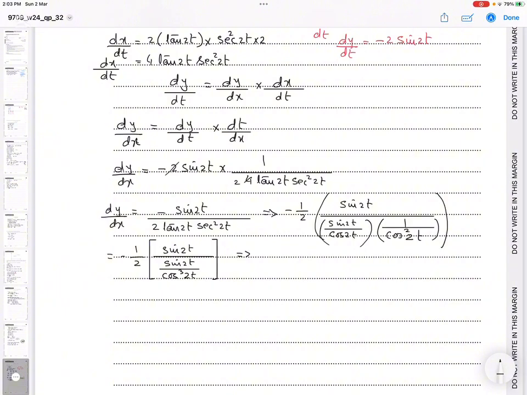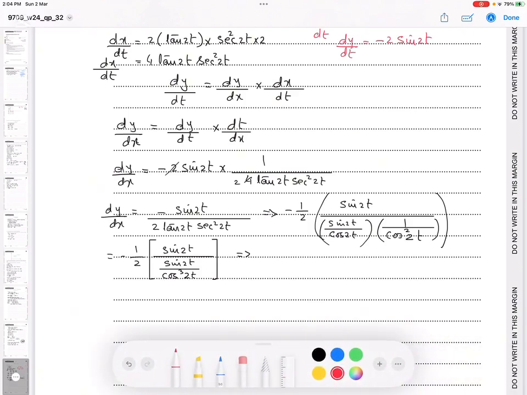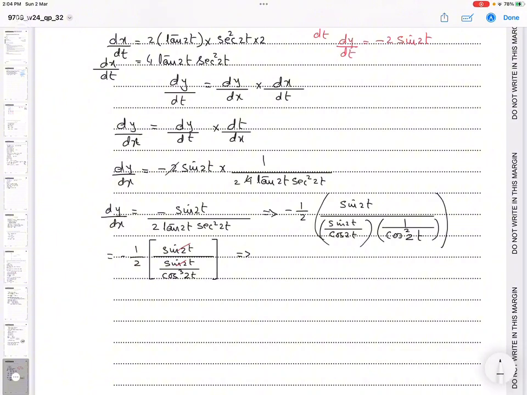Actually these two sines would cancel each other out, and you can write minus 1 over 2 cos cube 2t. This is your dy by dx.